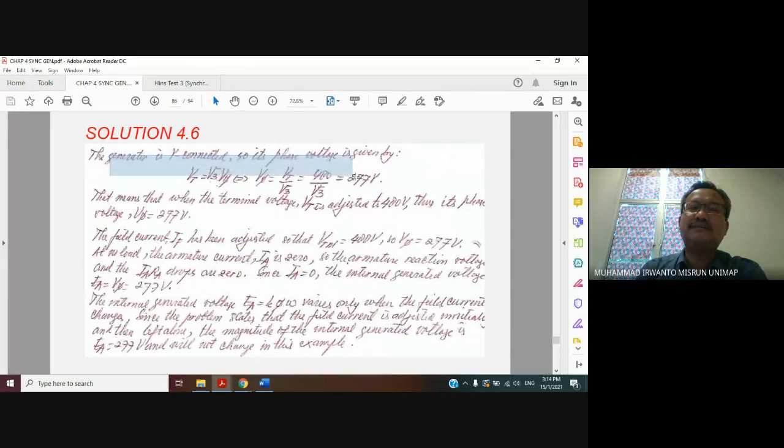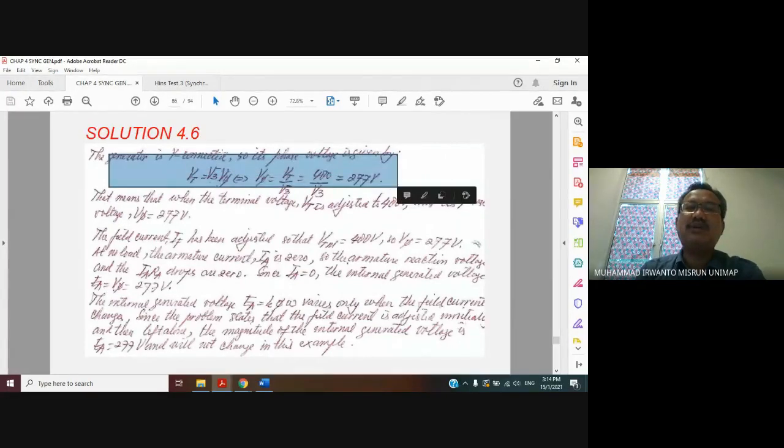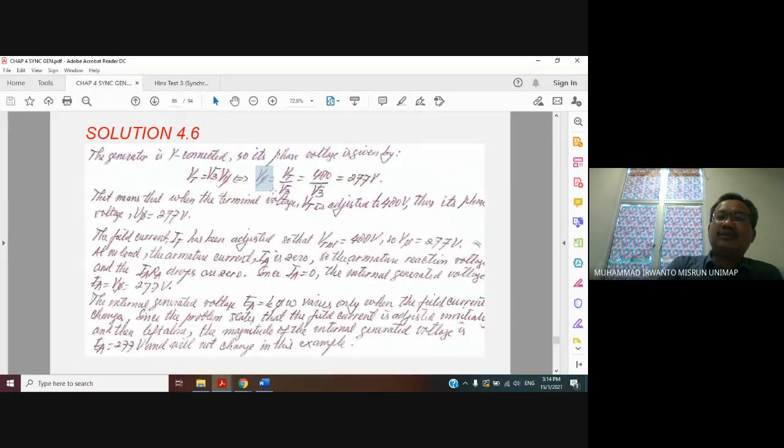For this one, when we have the value of terminal voltage, 400 volt, we can find the phase voltage. Terminal voltage here is line to line voltage, because it is a Y connection.